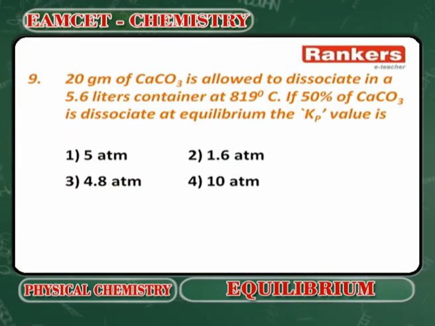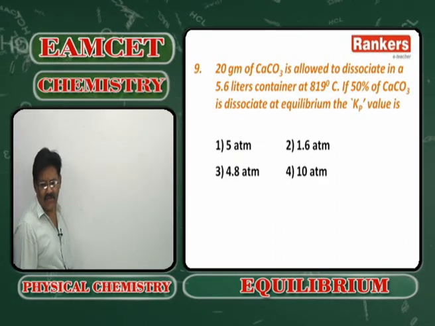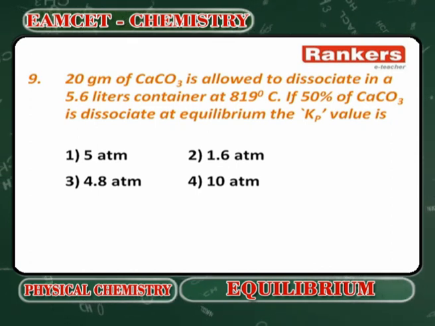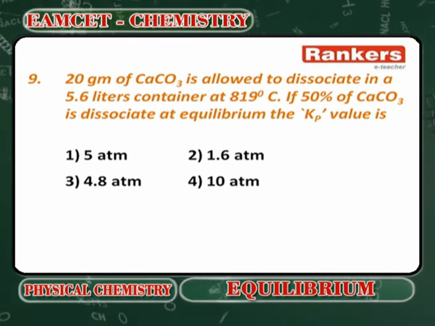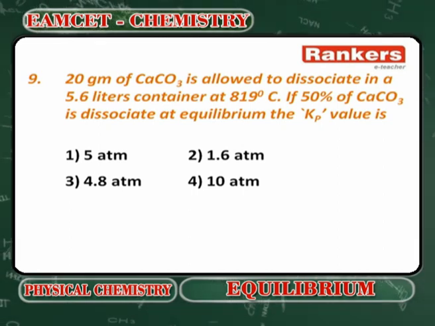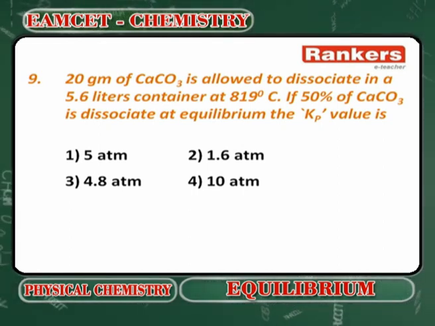Next, 20 grams of CaCO3 is allowed to dissociate in a 5.6 liters container at 819 degrees centigrade. If 50% of CaCO3 is dissociated at equilibrium, what is the Kp value?